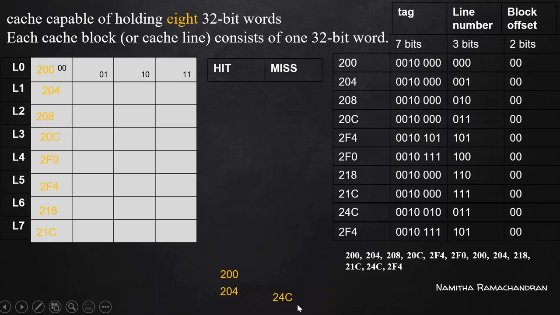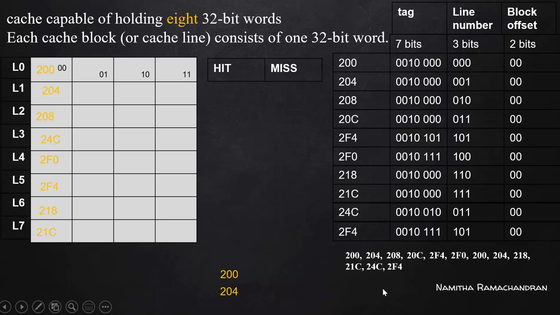So in that case, what do we do? We replace the current content of this line with the new content. So remove the memory word present in line number 3 first, then make room for holding the word that contains the address 24C. Now we can transfer.